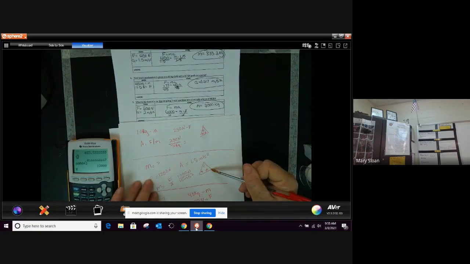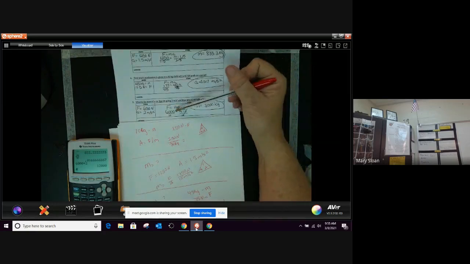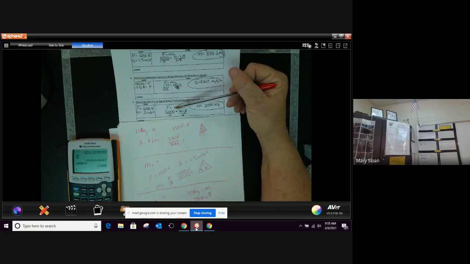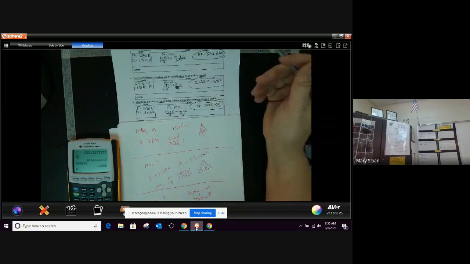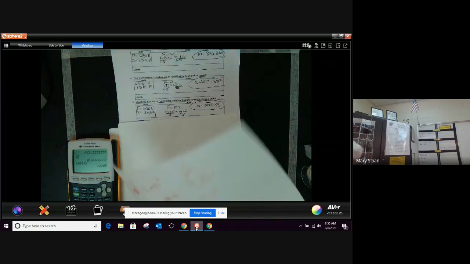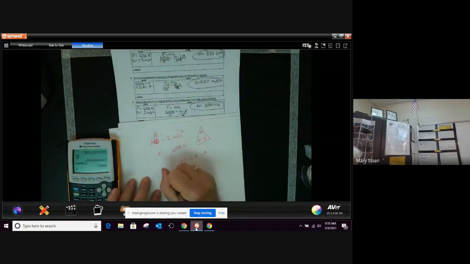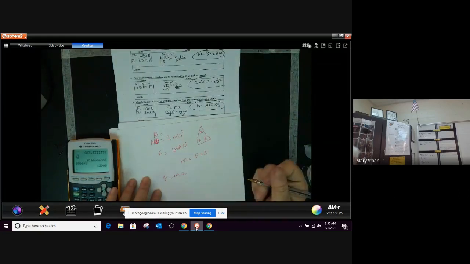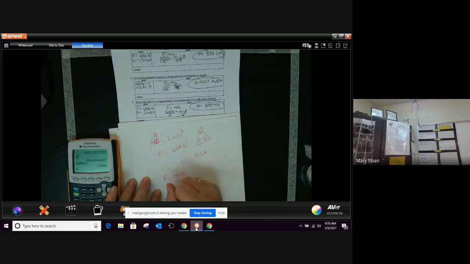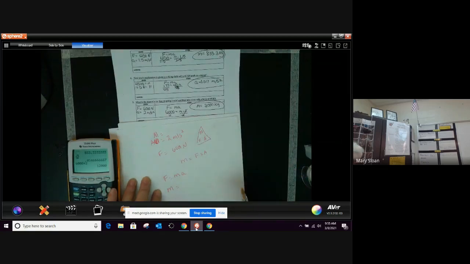So if I'm looking for that, then what am I going to do? It says force equals mass times acceleration. But why did I multiply here? Because 6,000 is my force, isn't it? And if F equals M times A, and I am looking for mass, does it make sense to you? Since my triangle's wrong, it's not going to help me, is it?